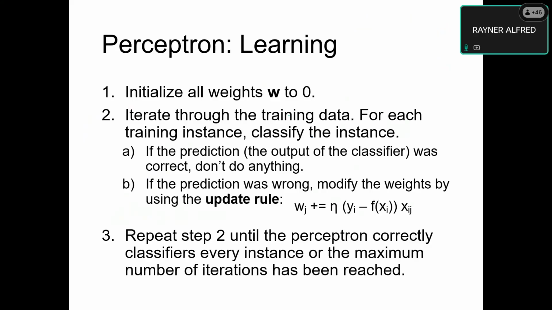We also learn how to initialize the learning process, in which we will apply the update rule depending on the result of misclassification, and we have the learning rate here. So we will repeat this until we have all the instances correctly classified, or it reaches the number of epochs and number of iterations.